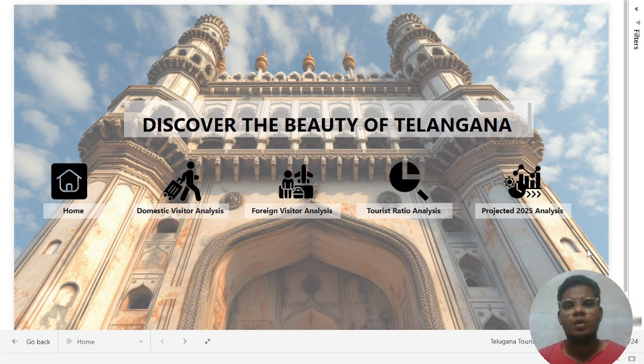And in this project, we are going to explore Telangana. Yes, of course, there are a lot of amazing cities, and whatever things we are going to be seeing, like domestic visitor analysis, which is nothing but how many domestic people visited Telangana, and the foreign visitor analysis, tourist ratio analysis, which means which type of tourist frequently visited Telangana, the footfall ratio, and there are a lot of things we're going to discuss.